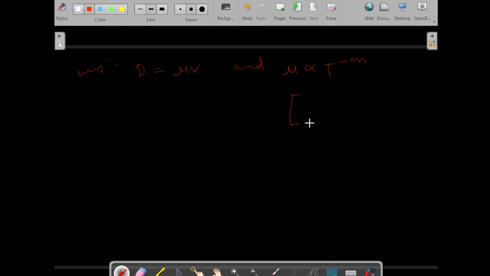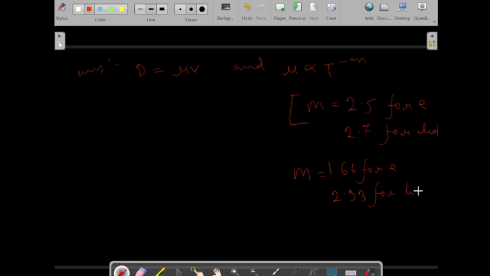The value of n is 2.5 for electron and 2.7 for hole in silicon, and it is 1.66 for electron and 2.33 for hole in germanium.